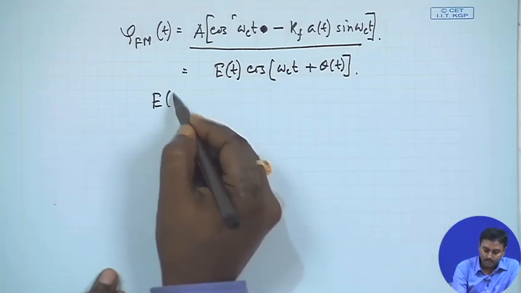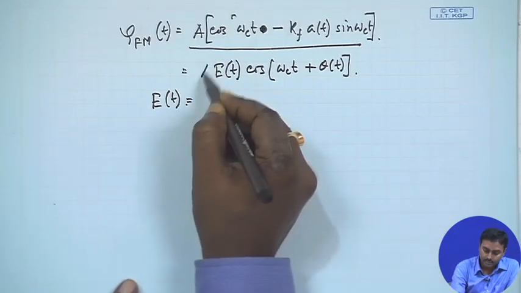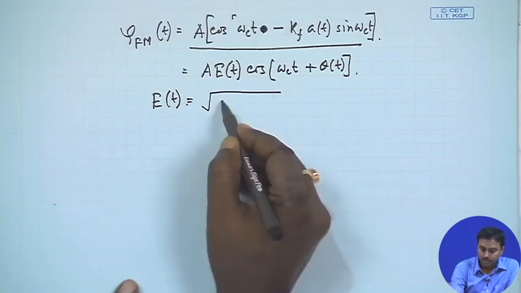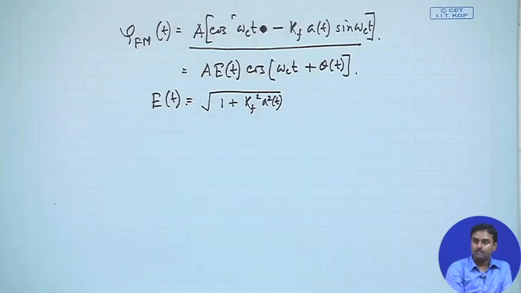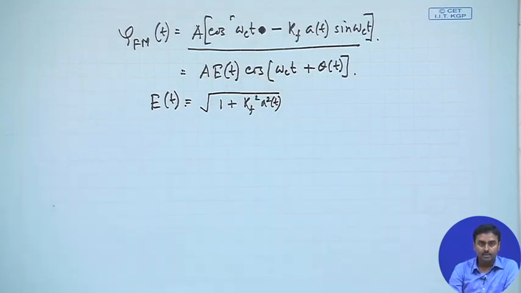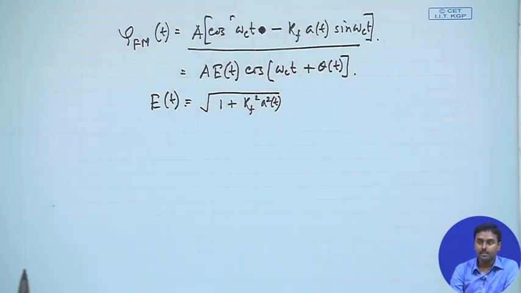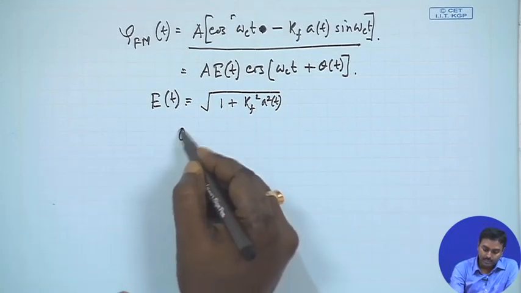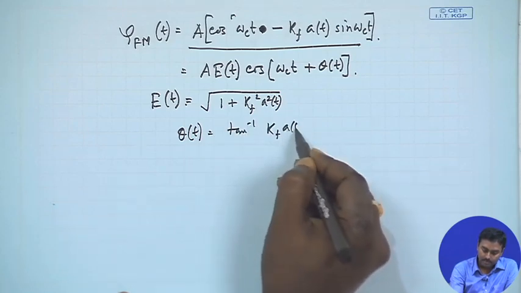What is E(t)? I can write it as A E(t), so then E(t) should be the square root of 1 plus kf square a square (t), because I am just trying to represent it as a cosinusoid. Accordingly we can put this as sine and this as 1 as cos theta(t), and then you manipulate it. Immediately we can also see that theta(t) will be just tan inverse of kf into a(t).